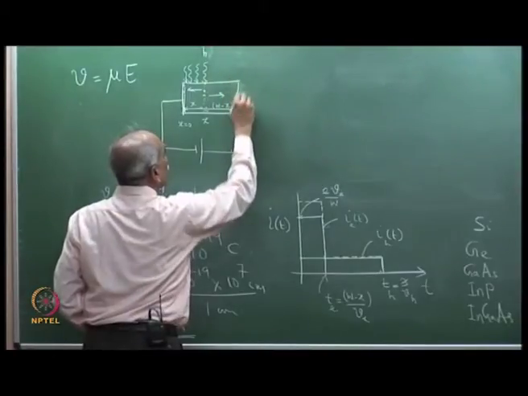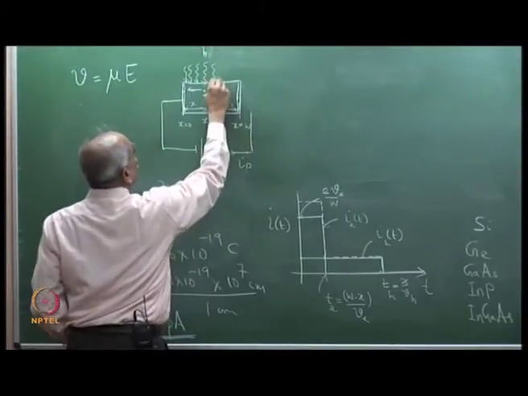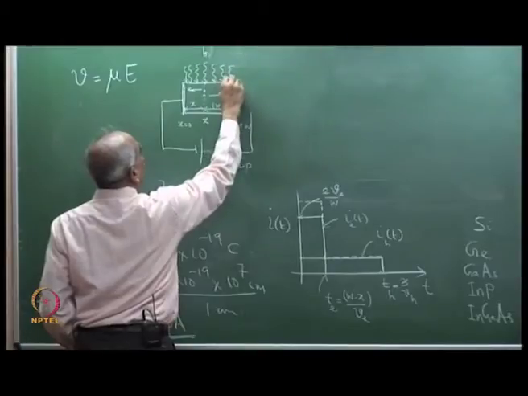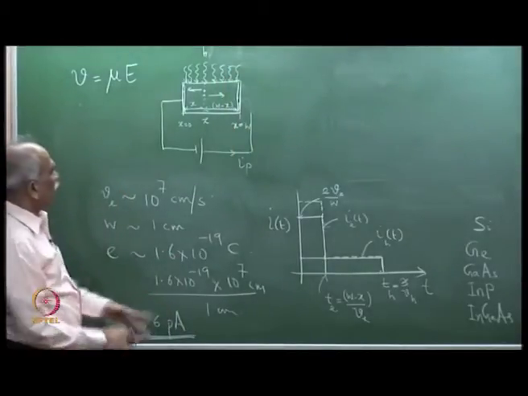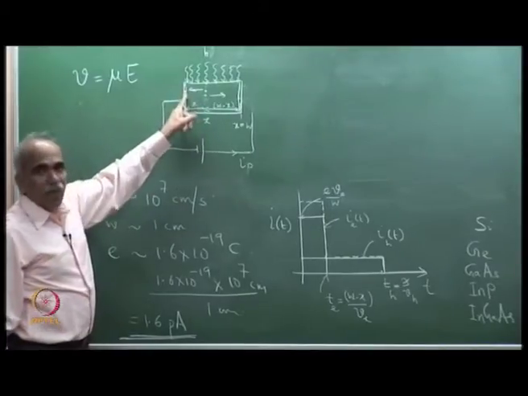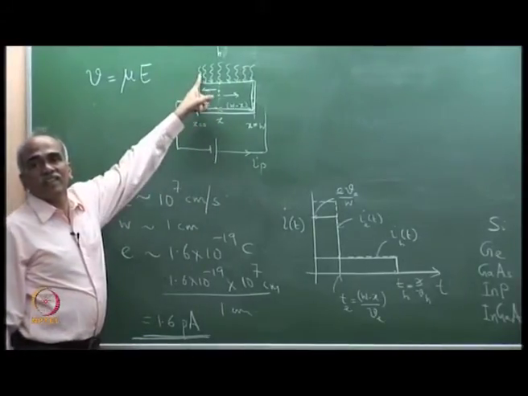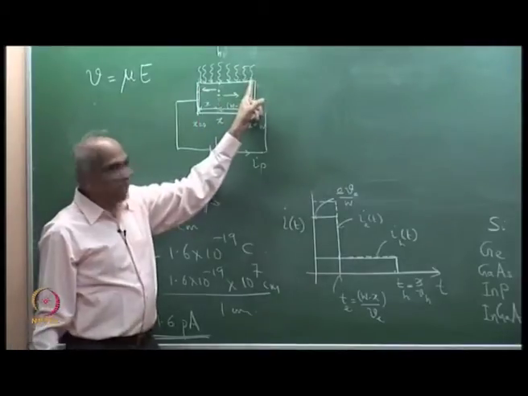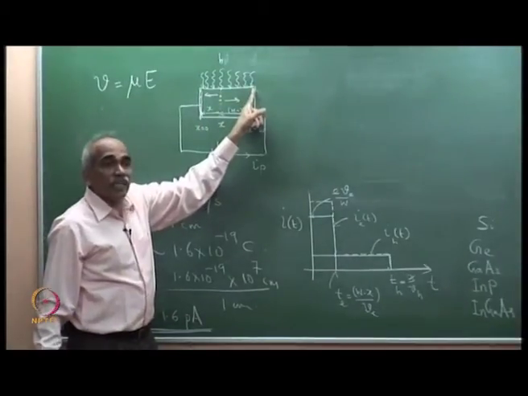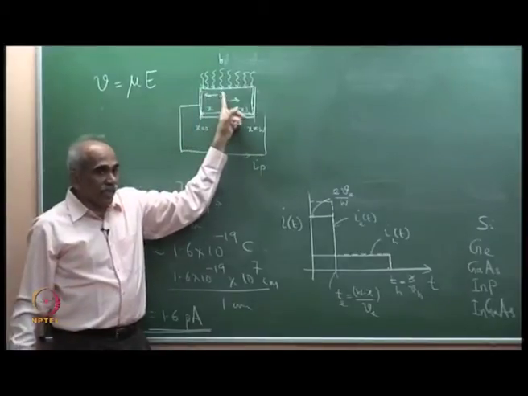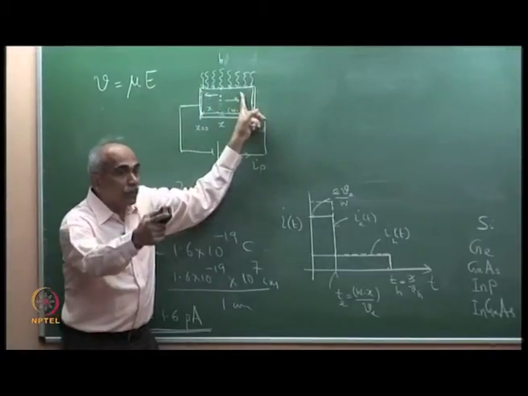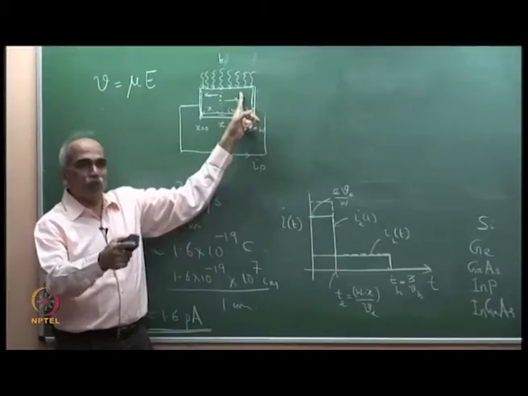Now, the photons are incident everywhere, not at one point, over the entire detector surface. What will happen? At every point electron hole pairs are generated, and the electron which is generated here is instantaneously collected, whereas the electron which is generated here will take a time t equal to W divided by V, the total time.